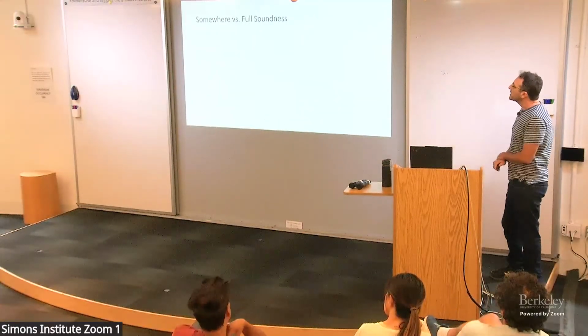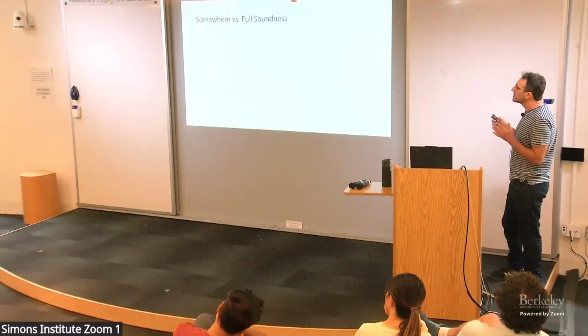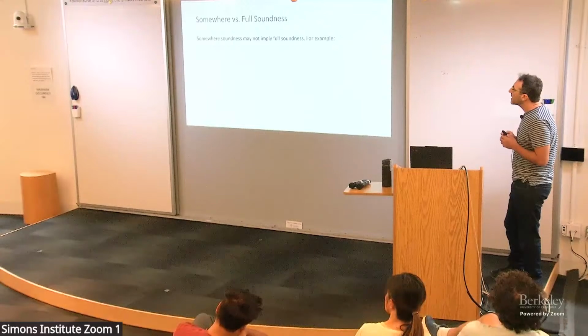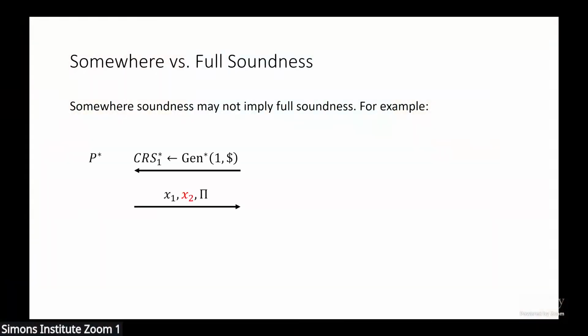Let's try to understand the tension between somewhere soundness and full soundness. Say I have some cheating prover P star that does the following. We give this cheating prover a CRS programmed on index 1, and it gives us back two statements, k equals 2.